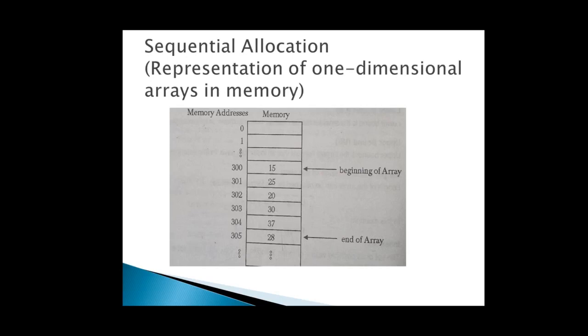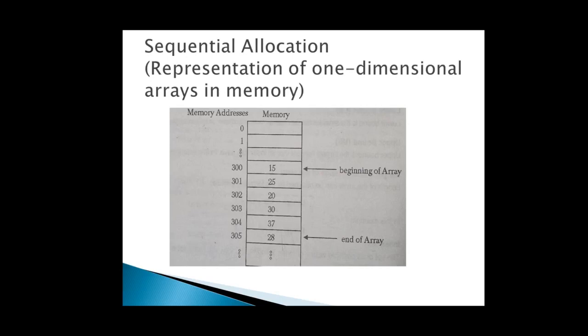Like in this example, it starts from 300, 15, 301, 25, 302, 20, 303, 30, 304, 37 and 305, 28.